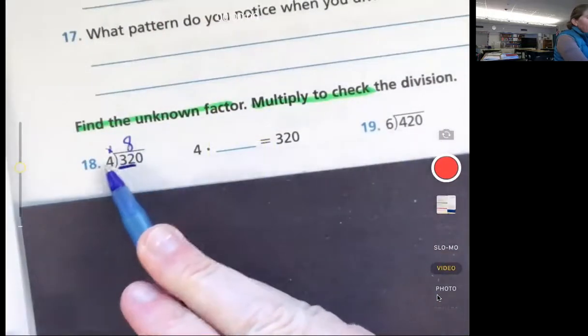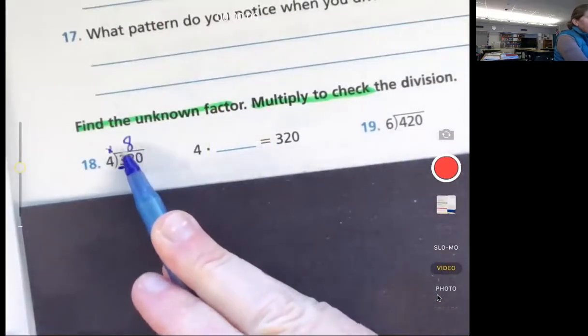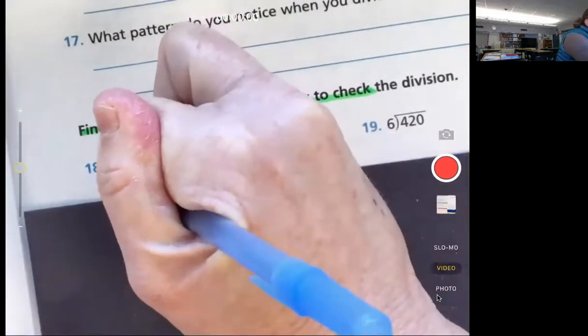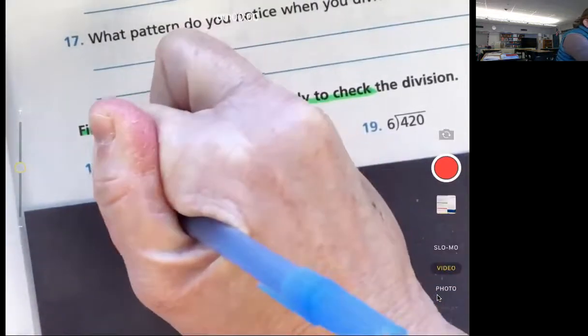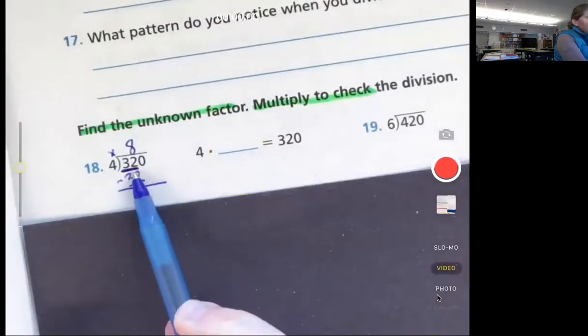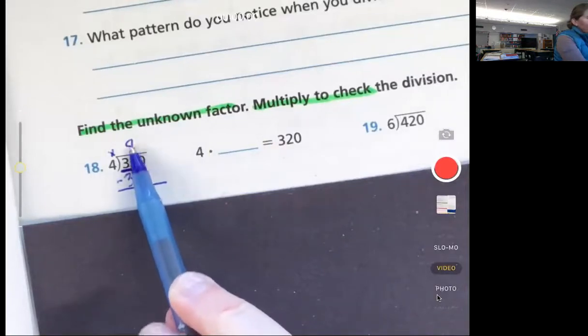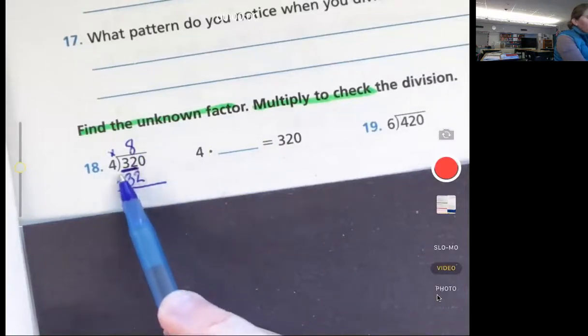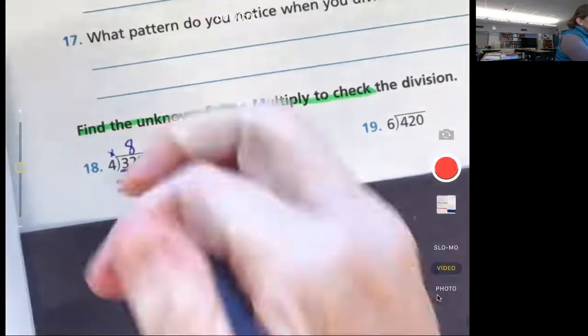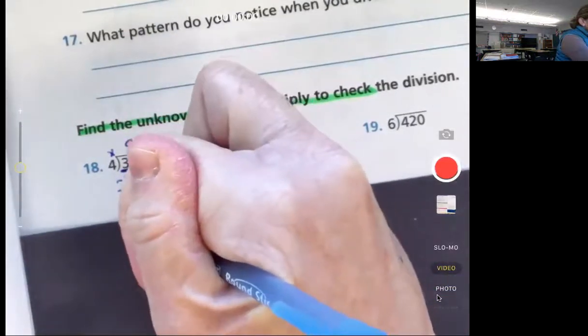I know 4 times 8 is 32. So now I can go backwards and I can say 8 times 4 is 32, and I can subtract. Really important that our 8 is right above the 2 because that shows where it's going to, right? When I do this subtraction, there are no leftovers, it's 0.